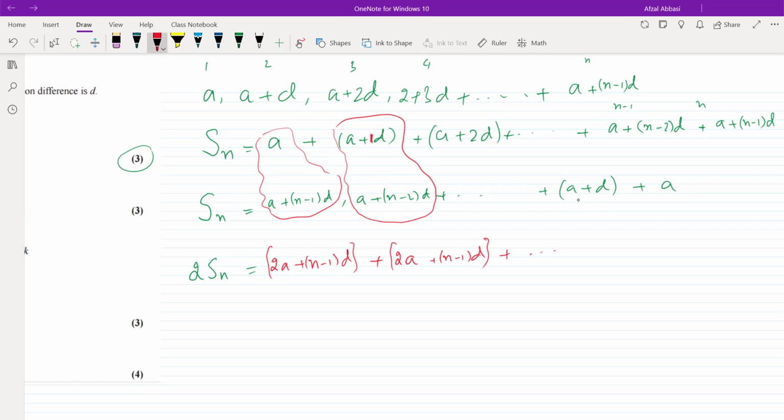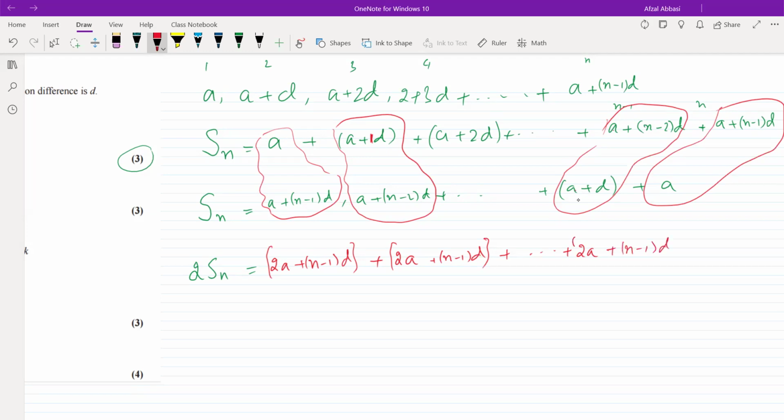So the second last term and the second term will be added together, and the last term and the first term to be added together. When we add the second last term, we get again a plus a, 2a, n minus 2 d plus 1d, n minus 1 d again.